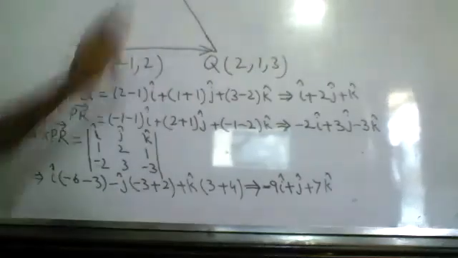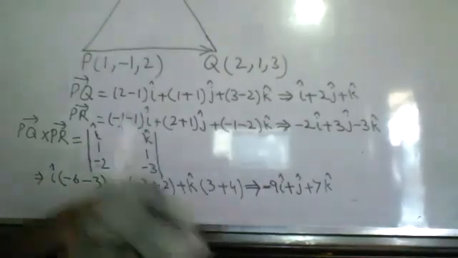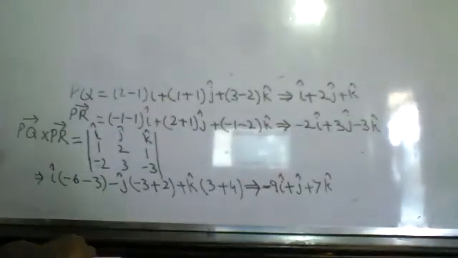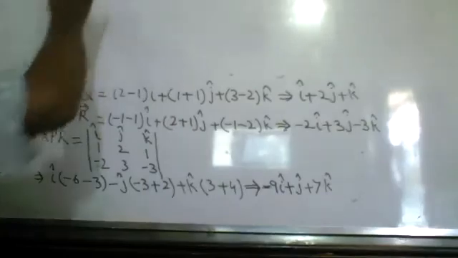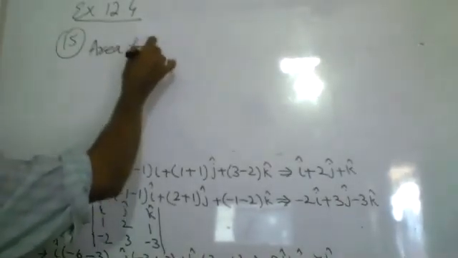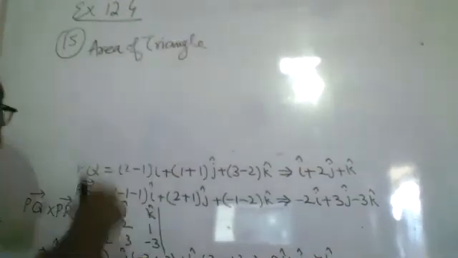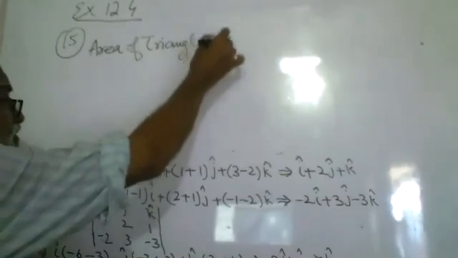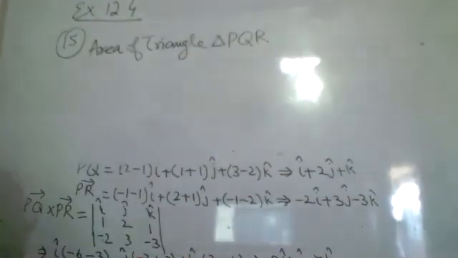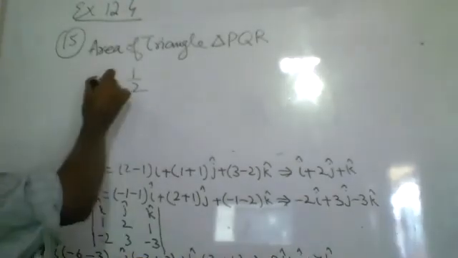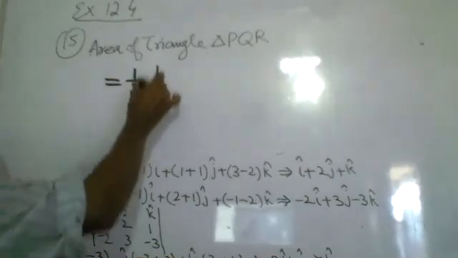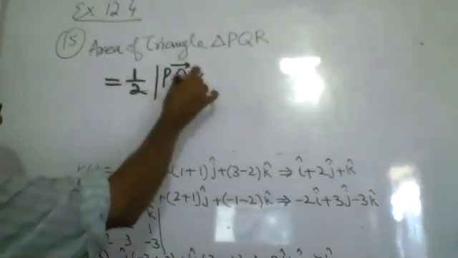So how to find the area of the triangle? The area of the triangle PQR will be equal to half into the magnitude of PQ cross PR.